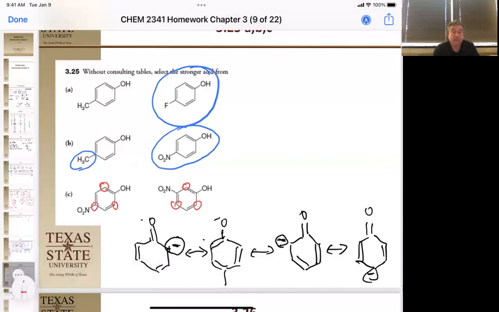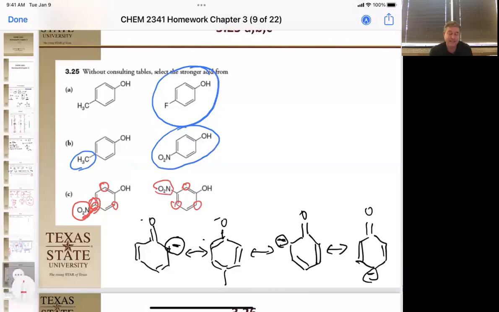So what we're going to see is that this positive electron withdrawing group is on the same carbon where we're going to see a negative charge. So that means this is going to have a higher impact on the acidity than having it not be on that group. So the inductive part, they're both the same.